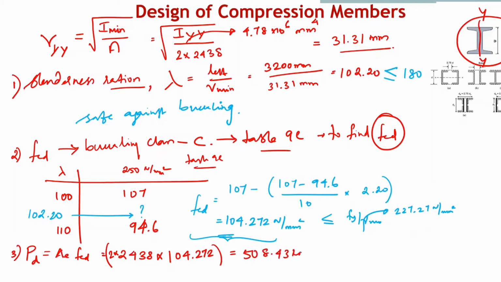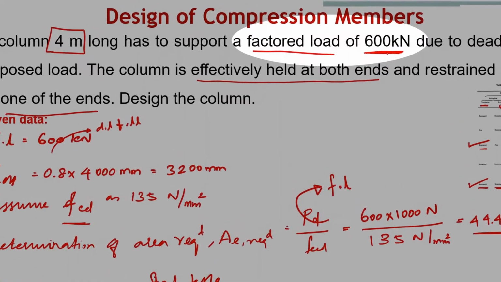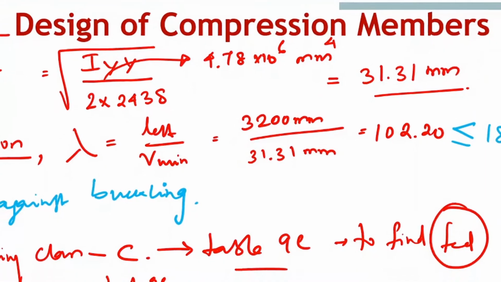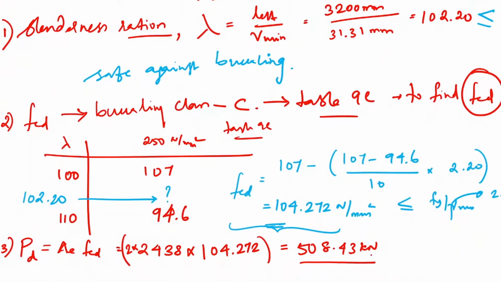So the strength of the chosen built-up section is 508.43 kilonewton. Now if you compare with our given factored load, we have to design a column to withstand the applied factored load of 600 kilonewton. But the chosen section has only axial compressive strength of 508.43.